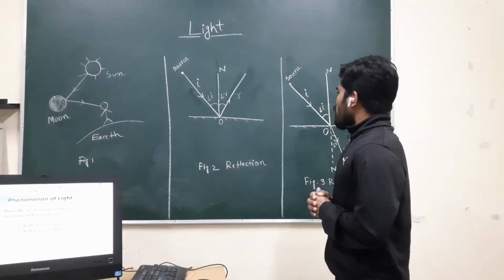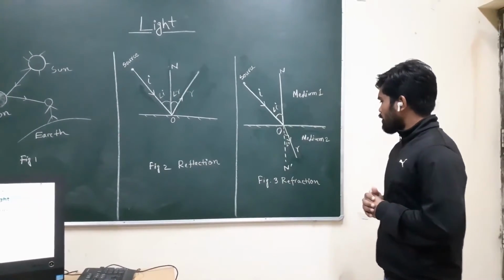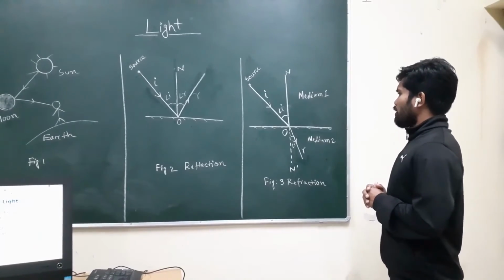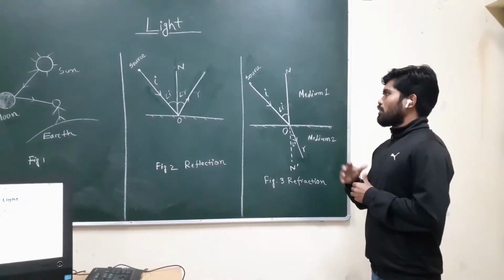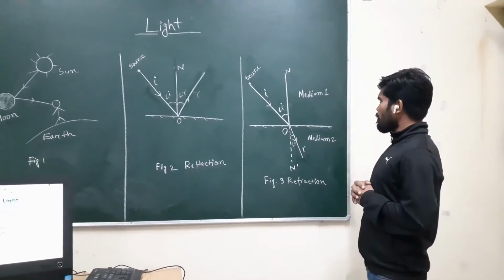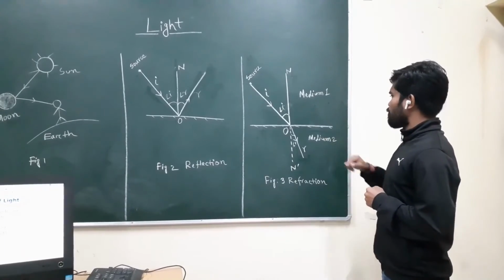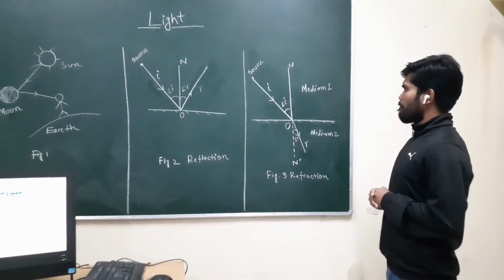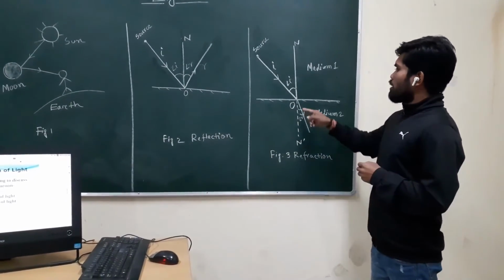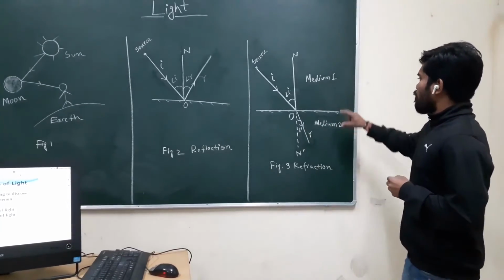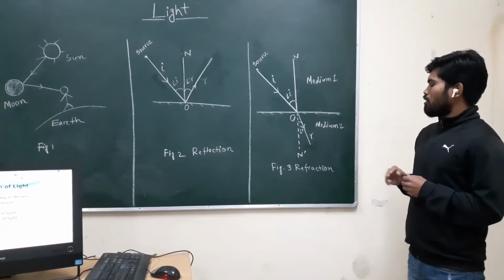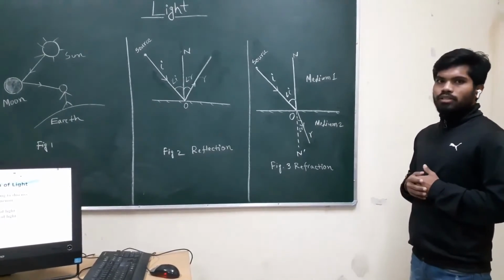Now come to the next type of phenomenon, that is refraction. Refraction tells us the changing of direction of a ray when it passes across the interface of two media. Suppose this is medium 1, this is medium 2, and this is our interface of media. When an incident ray coming from the source meets the interface of the media, the ray of light will change its direction slightly.